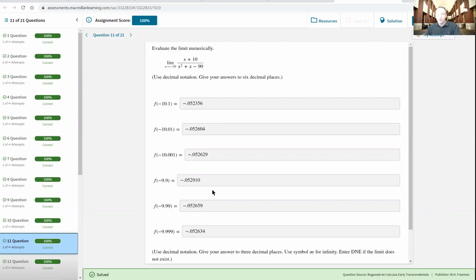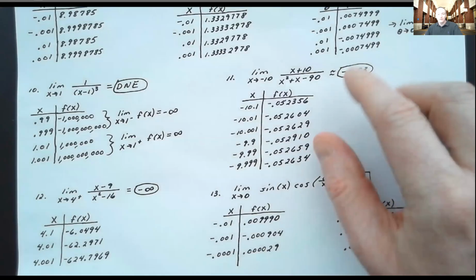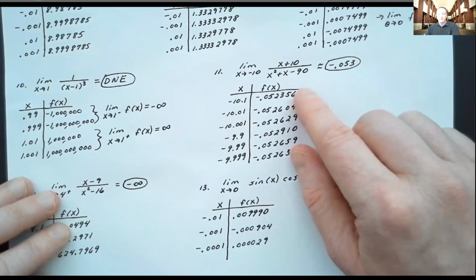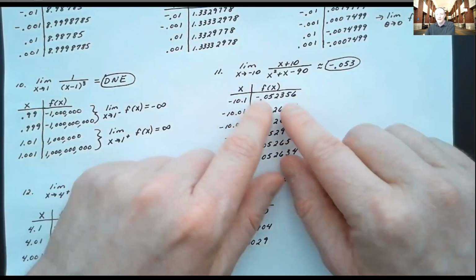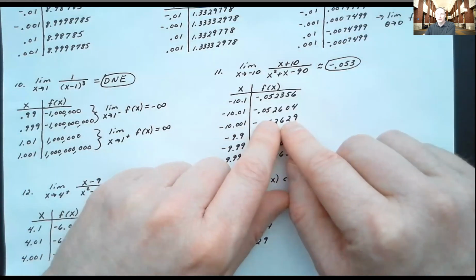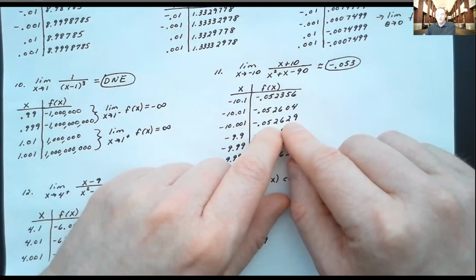All of these should establish what the left-hand limit is. And then the right-hand limit, numbers to the right of -10: -9.9 is 0.1 of a unit to the right, this is 0.01 of a unit to the right, and this is 0.001 of a unit to the right. So when I'm looking at all of these values to see that I've done this right, I can say, as I plug in all of these values, I'm trying to think, what is this approaching?